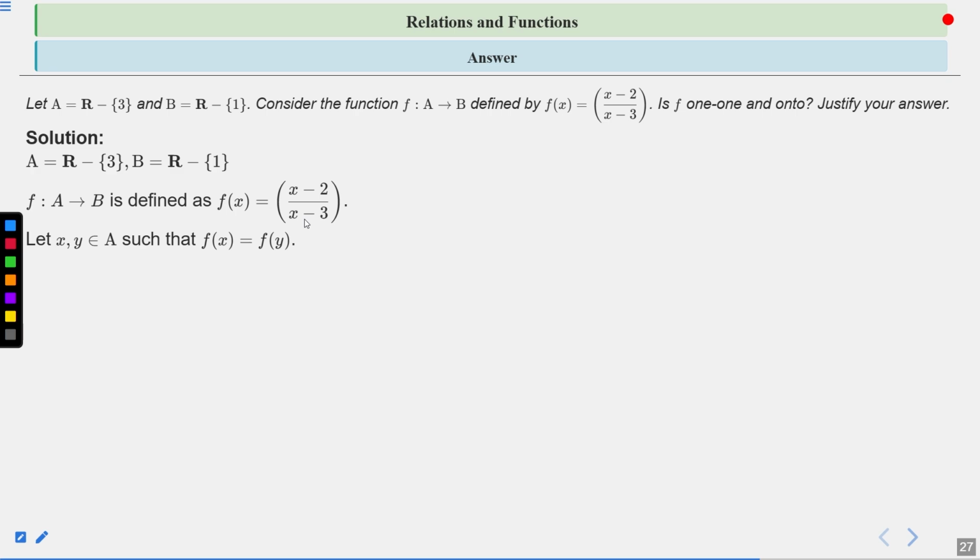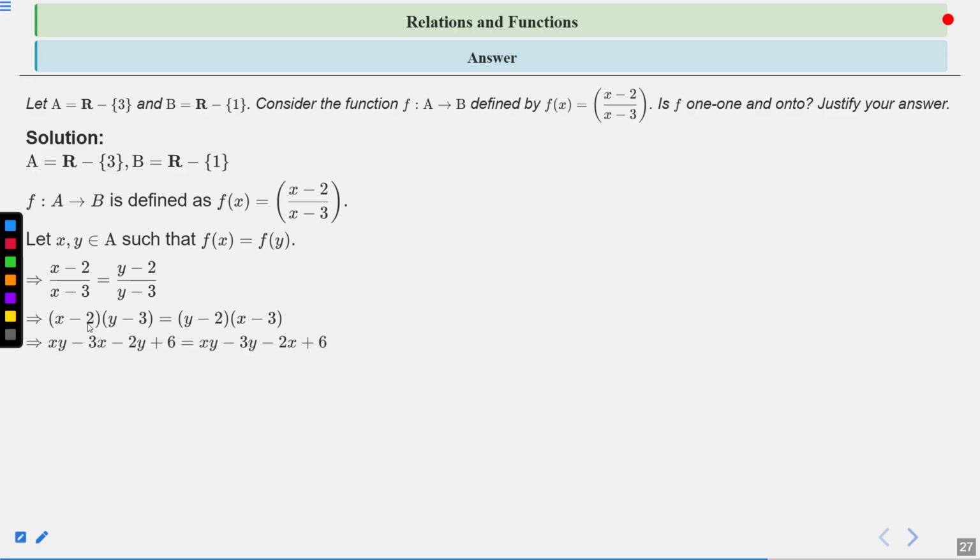Let x, y belong to the domain set such that f(x) equals f(y). Now f(x) will be (x minus 2) by (x minus 3) by definition, and f(y) will be (y minus 2) by (y minus 3). Simplifying, we get (x minus 2) times (y minus 3) equals (y minus 2) times (x minus 3).